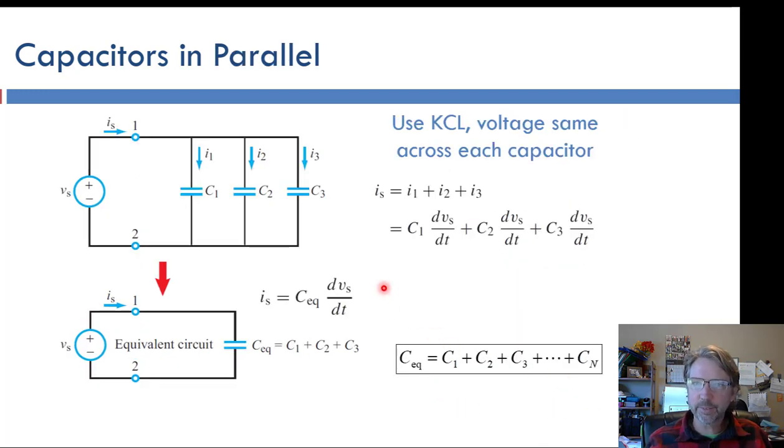We do a similar analysis with parallel capacitors. Here we can use Kirchhoff's current law, and because they're in parallel, the voltage is the same across each one. So here's Kirchhoff's current law, and we use the same voltage when we go into this differential equation form of the current, C1 dV/dt, and this would have to equal C equivalent dV/dt, and so if we factor out the derivative of the voltage, we get C equivalent equals the sum.